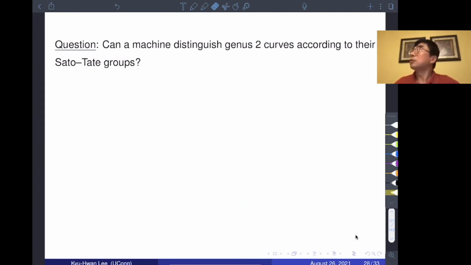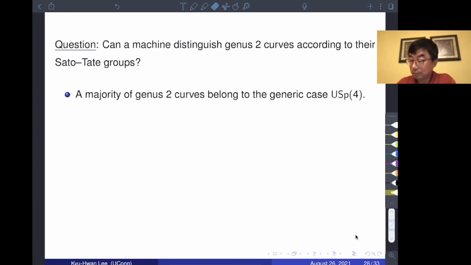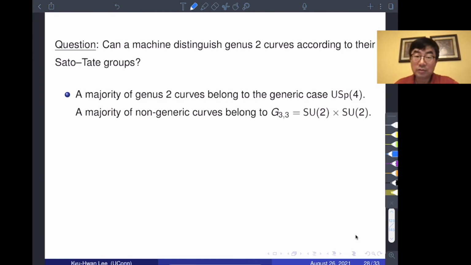Now, question: can a machine distinguish genus 2 curves according to their Sato-Tate groups? We can ask this question. And a majority of genus 2 curves belong to the generic case. And a majority of non-generic curves belong to this.